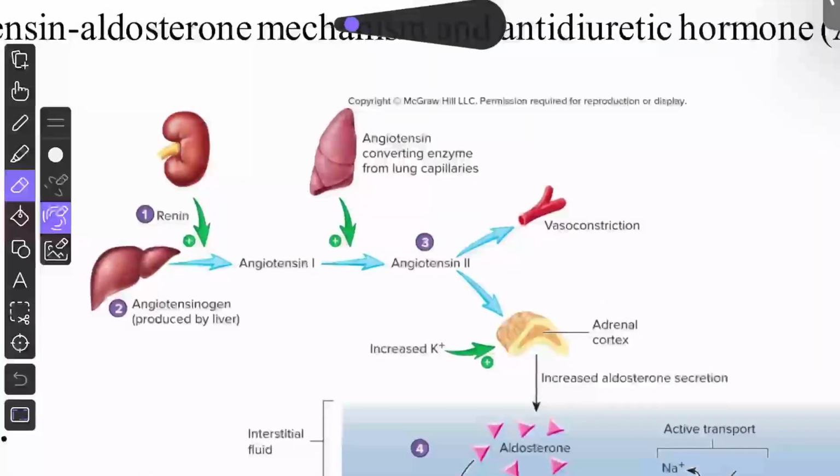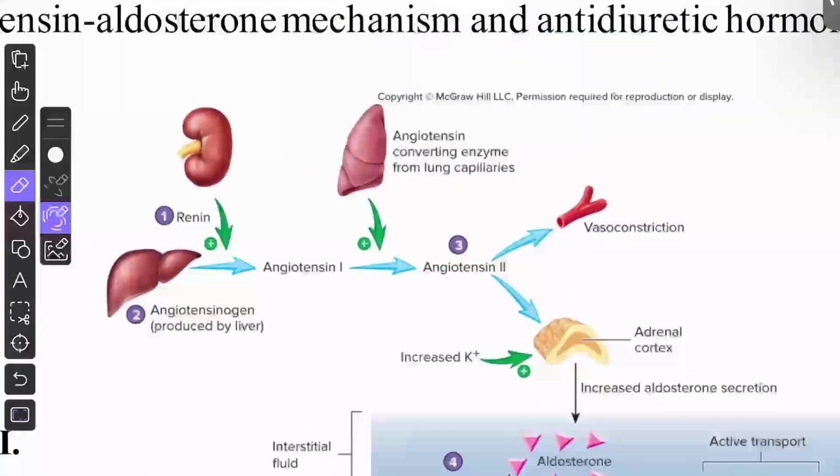I told you that extrinsic mechanisms are related to things that are outside of the kidney affecting the kidney. Okay. This one causes a little bit of trouble because the first step in this is the kidney producing renin, right? So the kidney produces renin, but renin is not actually going to have a direct effect here.